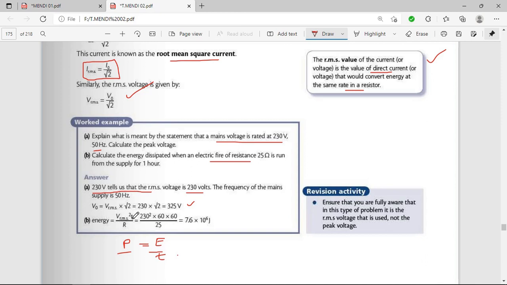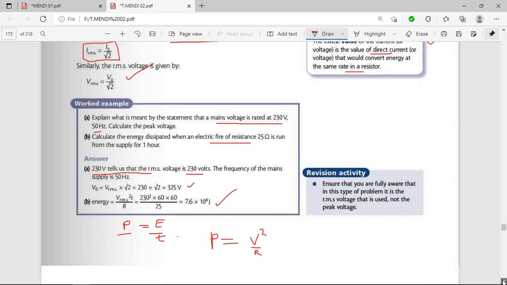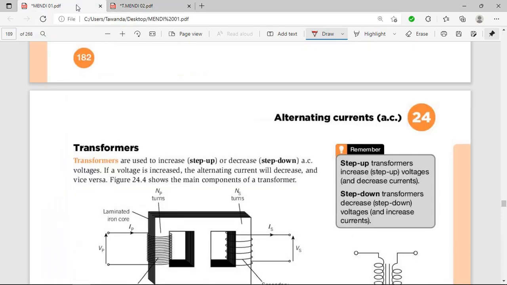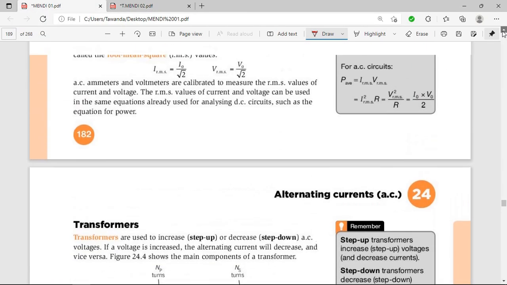Power is the root mean square voltage squared over resistance, V squared over R. So for energy we multiply this by time, and the time is 1 hour, that is 60 times 60 seconds. The energy is going to be 7.6 times 10 to the power of 6 joules. So that is all about the root mean square values and how we calculate them.